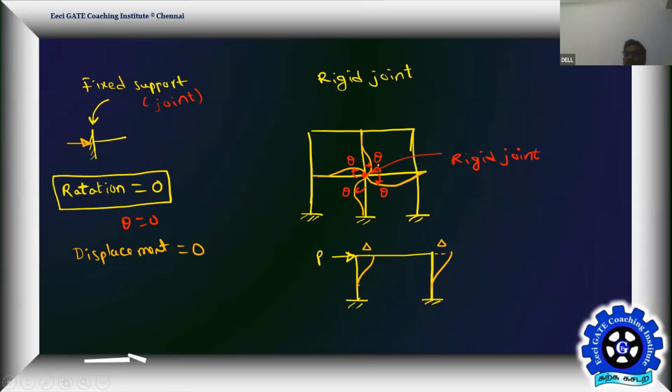That's why in the bottom figure, whatever I have drawn here, whenever I apply a force, this rigid joint undergoes displacement also. So the rigid joint undergoes displacement.